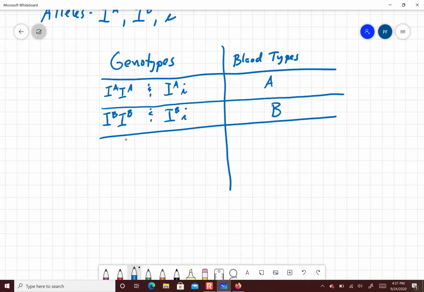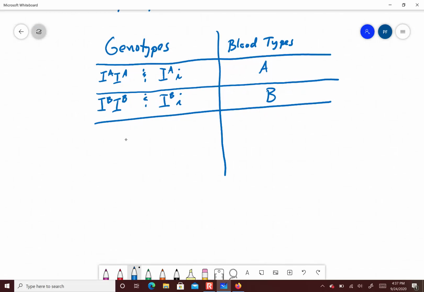So in the problems we're about to work, and problems you would see from me with these, I can't simply say cross a parent that has type A blood with whatever. Because if it just said type A blood, you would come back to this table and say, well, which one of these would I use? And it's not random. That person doesn't have both of those things. It's got to be one or the other.